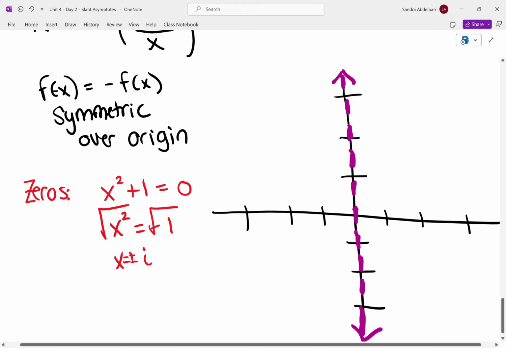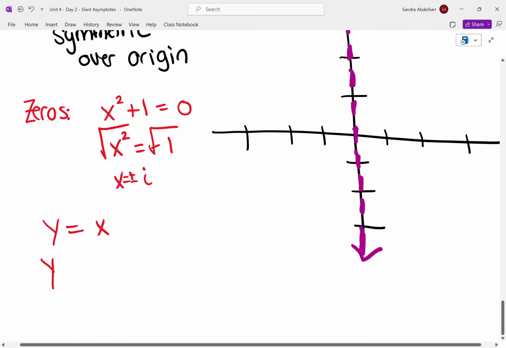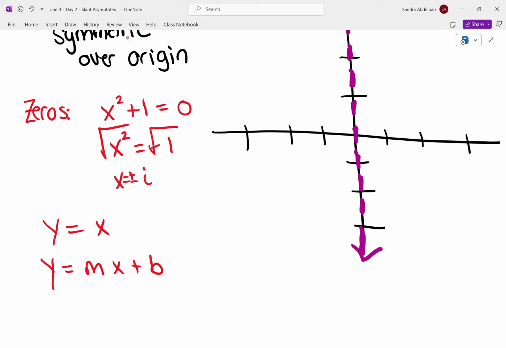And then I'm going to have a slant asymptote at the equation y equals x. Well, this is a line. This is y equals mx plus b.